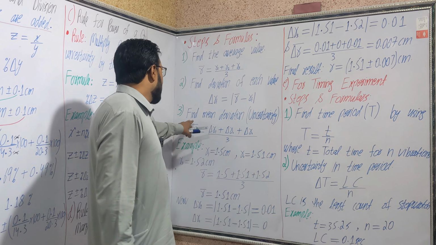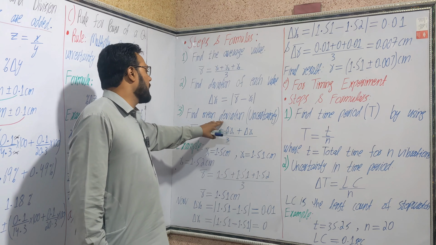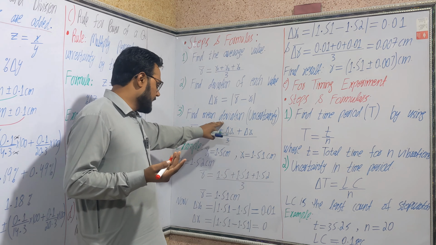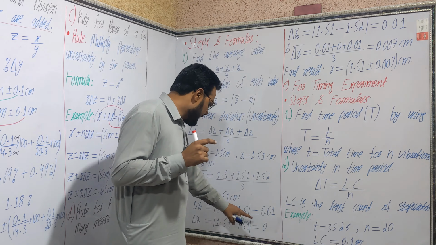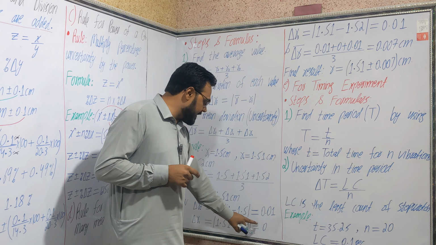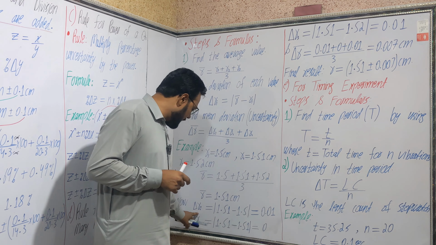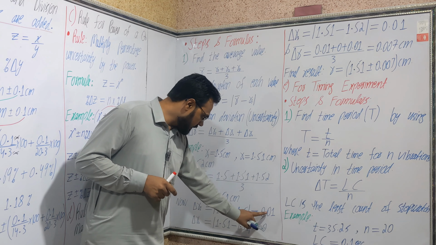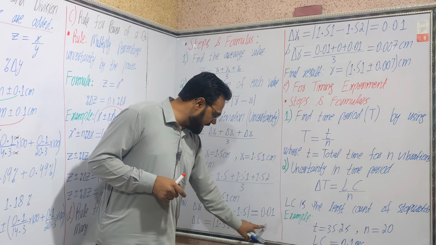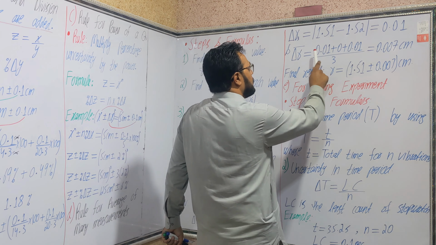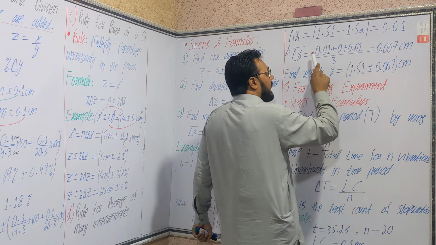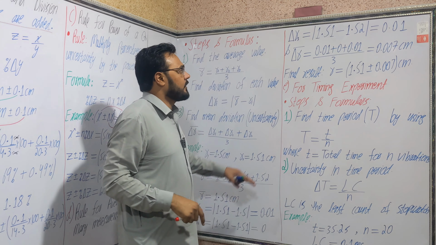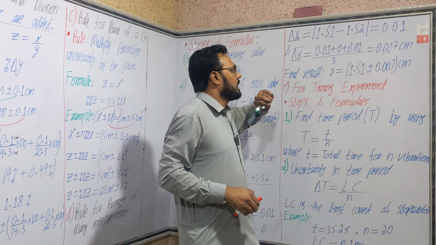Now the fourth step, find the mean deviation, or average deviation. And it's known as uncertainty. Add all three deviations: deviation in R1, 0.01, plus deviation in R2, 0, plus deviation in R3, 0.01. Add all three deviations divided by 3.